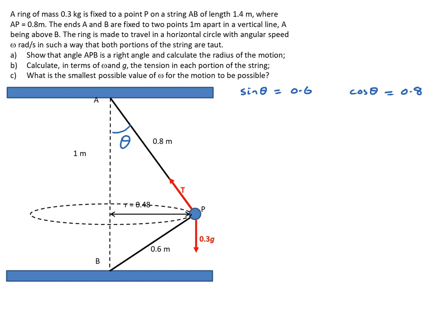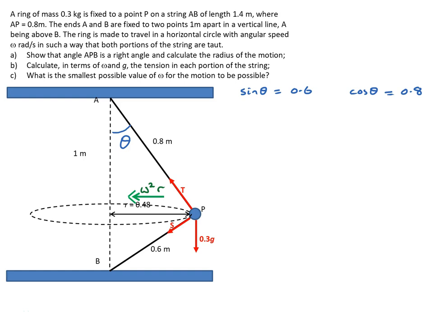So we've got to call the tension in the lower part of the string something different from T. So we'll call it S. And we've got our acceleration to put on towards the centre of the circle. And because we're interested in the angular velocity of the motion, then we'll put the acceleration in its omega squared r format.